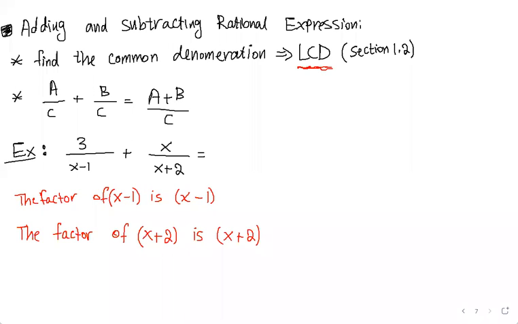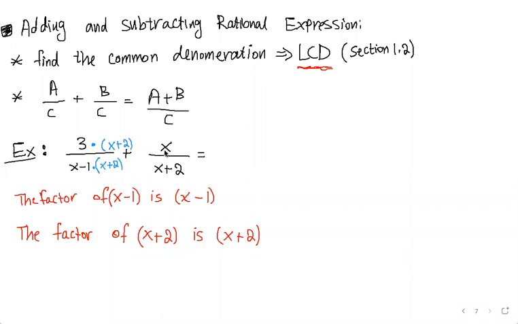So the LCD will be x minus 1 times x plus 2. There is nothing to cancel like we learned in section 1.2. So you multiply this fraction by this factor, x plus 2, multiplying the numerator and the denominator by x plus 2. What do you multiply here?